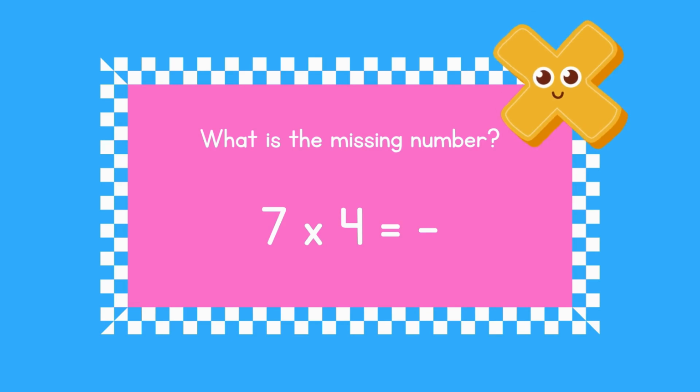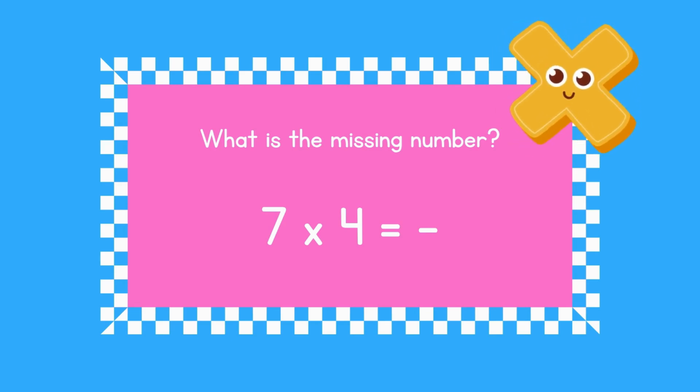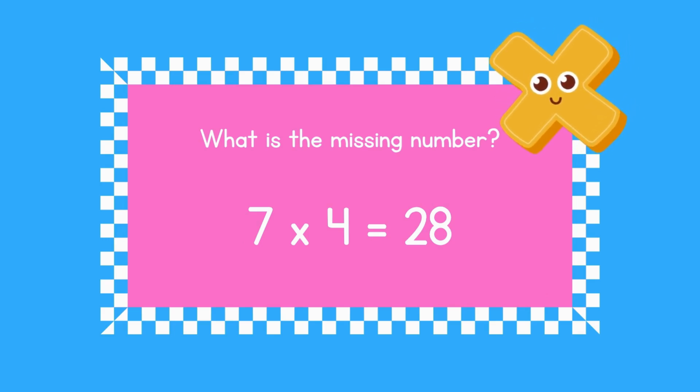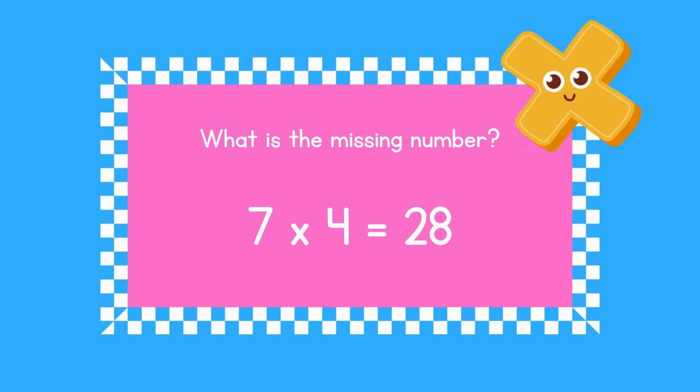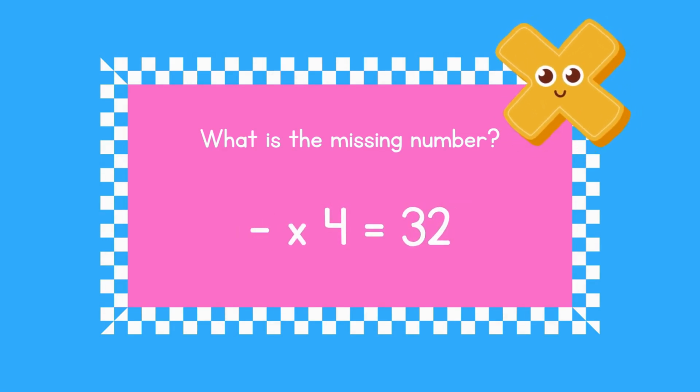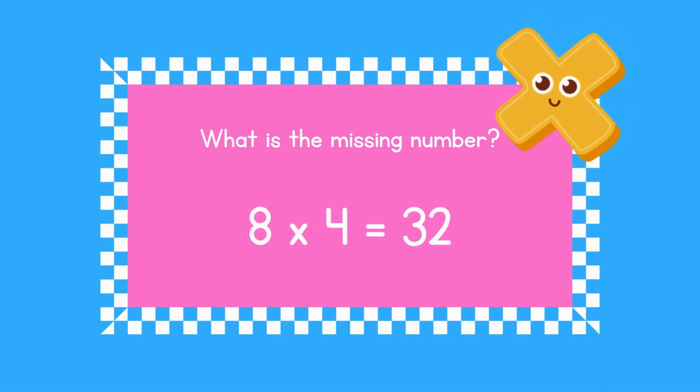Find the missing number. Seven multiplied by 4 is 28. Find the missing number. Eight multiplied by 4 is 32.